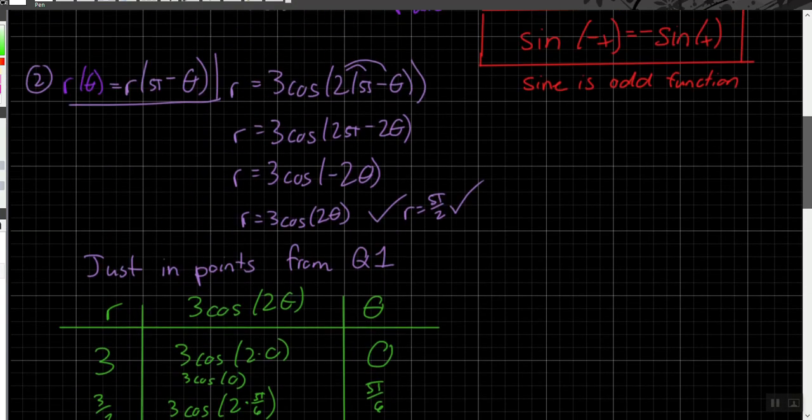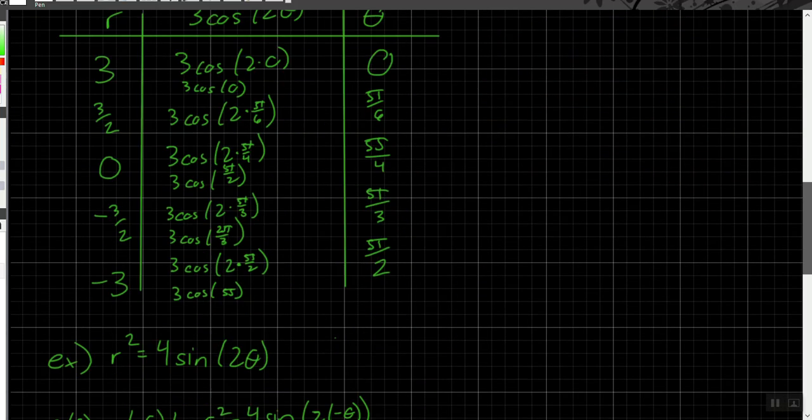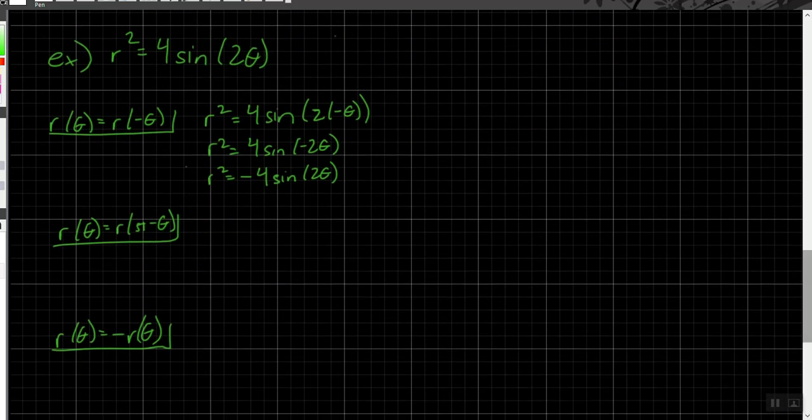If I go up 5 pi over 4, like here and here, I have the same values, but if I reflect this, is this the same as our original function? No. So no symmetry right now. Perfect.